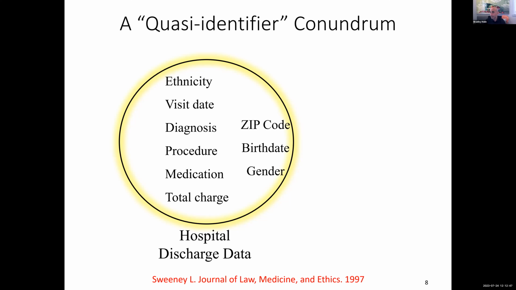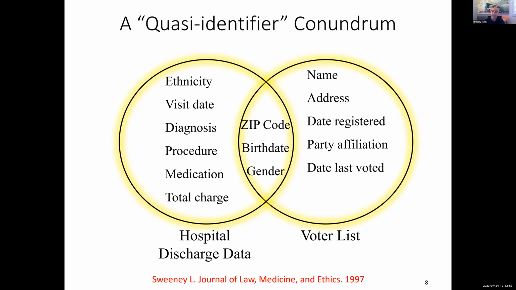What people also probably didn't realize was that there were publicly available resources that were fully identified that also had the same factors on him that would be useful for linking that hospital discharge record back to his identity. And so what ended up happening was this really famous study done by LaTanya Sweeney.